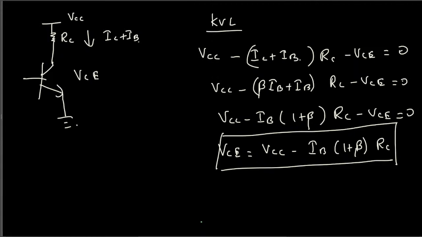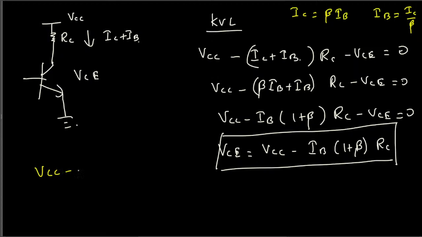For the IC, we can do the same thing, like now if I want to express in terms of IC, I have to keep the IC as it is. You know that IC is equal to beta times IB, so IB is equal to IC over beta. Okay, so what we can do is instead of IB we can replace that one with IC over beta, so that one looks more related to IC because we are trying to derive an expression for IC.